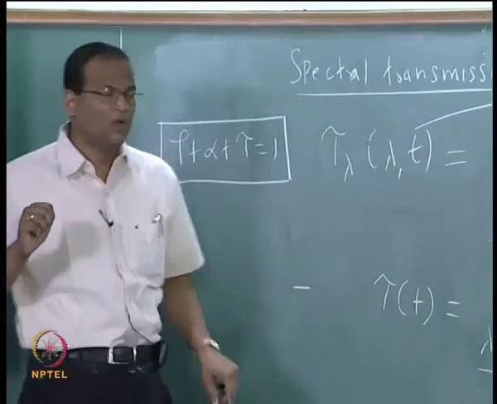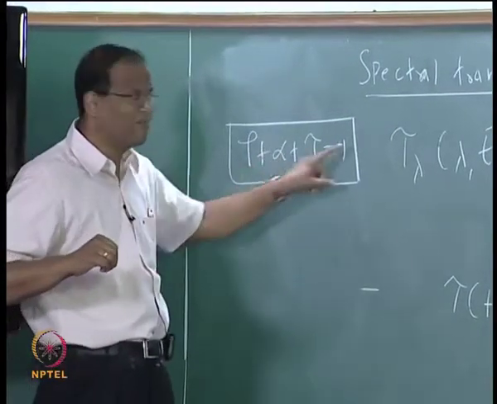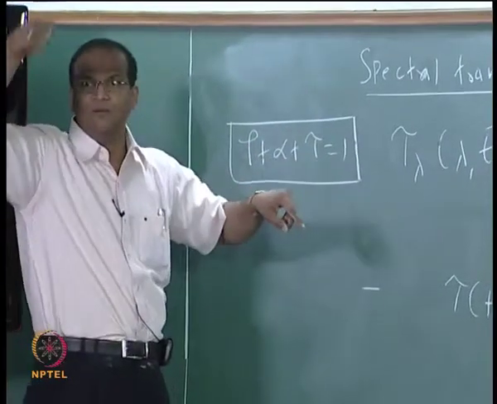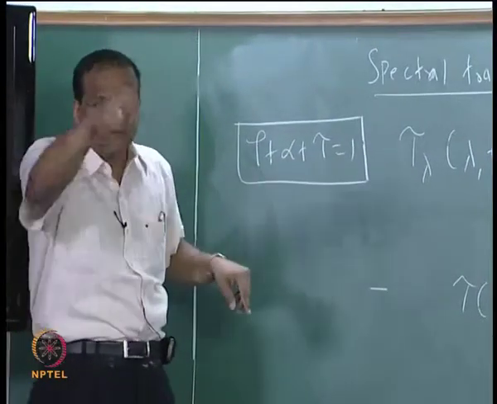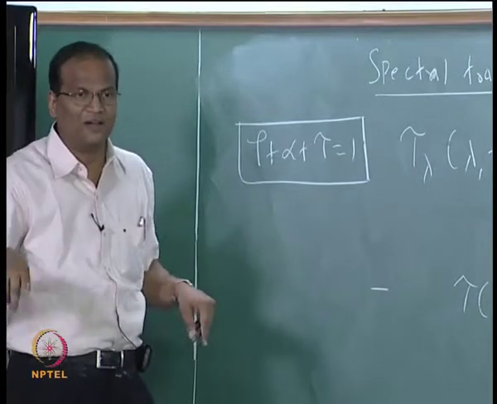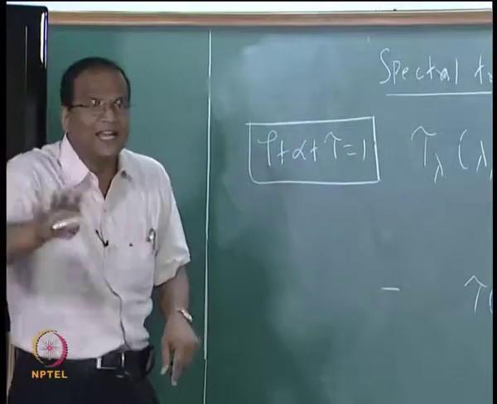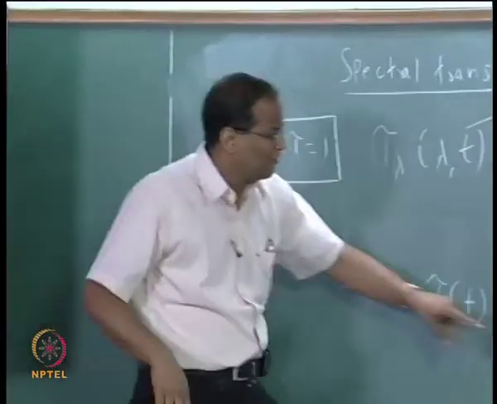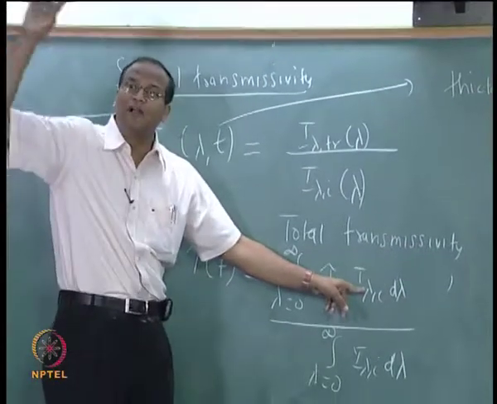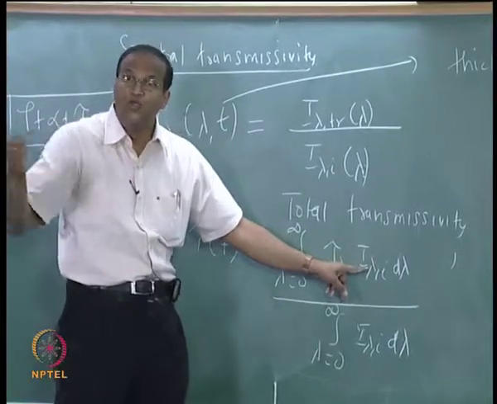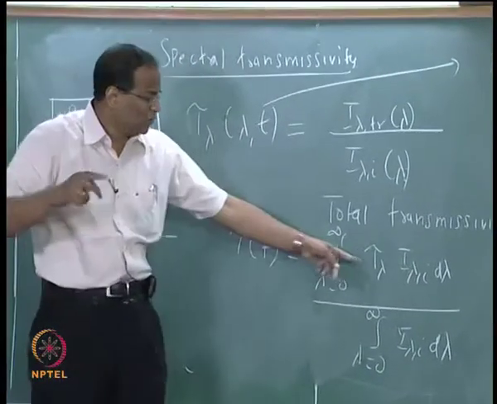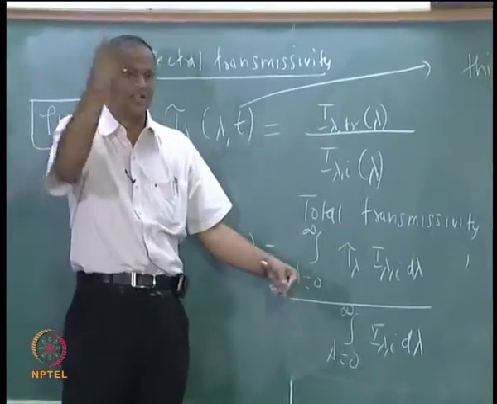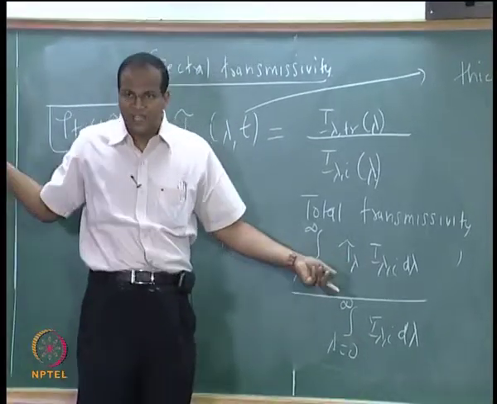You will first say tau equals 1 minus open bracket alpha plus rho, from the given data or from the graphical distribution. You will recreate the graphical distribution for tau, and then for I lambda incident you will take E B lambda corresponding to the sun's temperature. So you will use the F function chart, create tau based on this and then calculate the total tau.